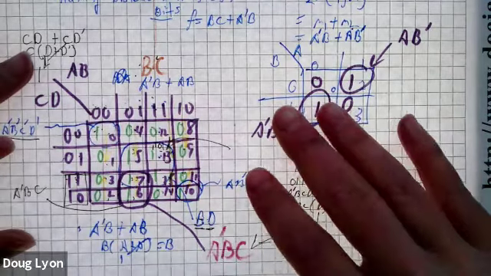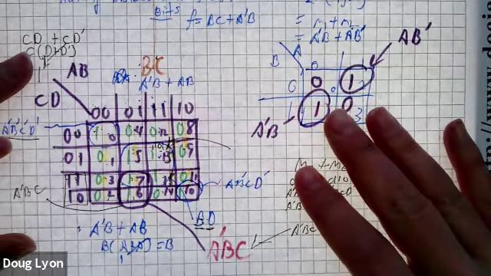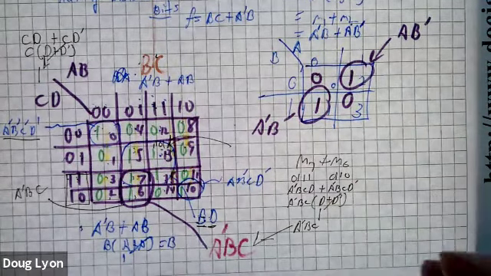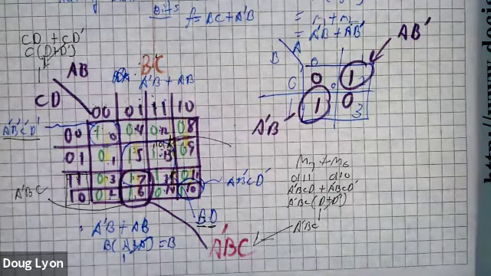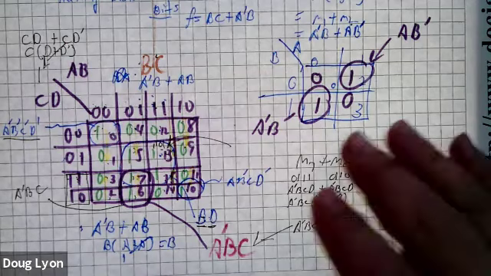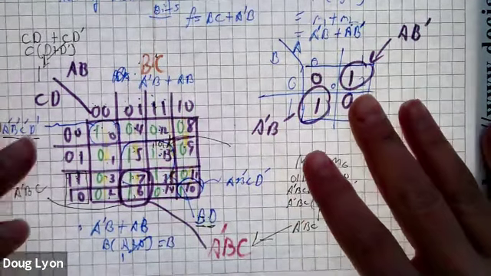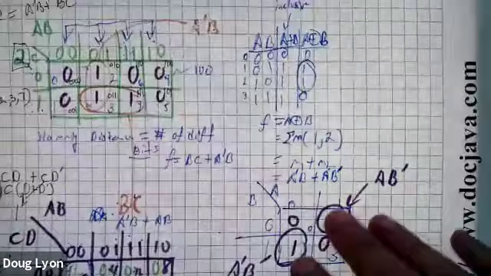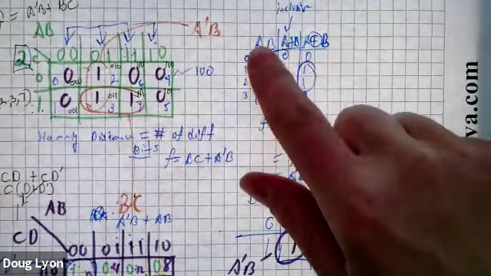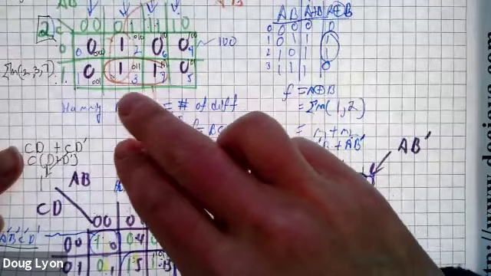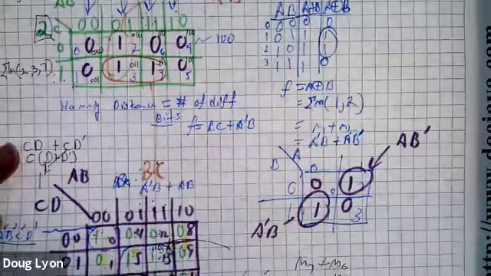Also, the graph paper is not an accident. Neatness, even though I know my handwriting is a little sloppy, neatness counts. If you can keep your work neat when you're doing it, it's going to help you. Believe it or not, taking the time to use graph paper and be neat with these things actually pays off. It's very helpful to have lines for your truth tables, lines that help you keep your kmap straight.